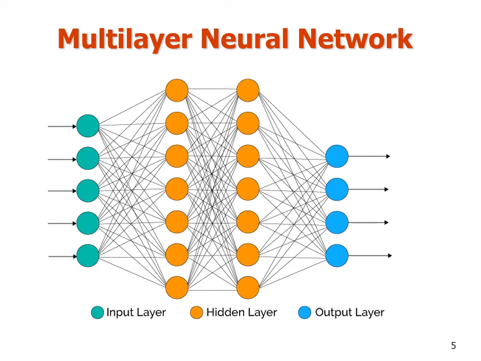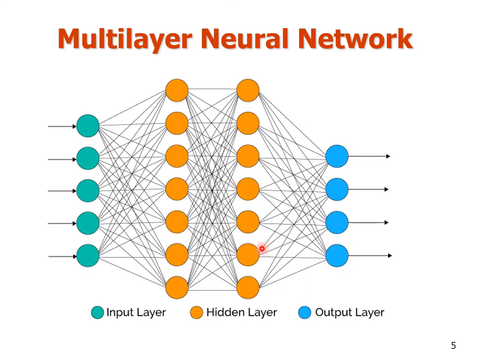Let us see one more architecture of a multi-layer neural network wherein we are having an input layer, two hidden layers and an output layer. So as I mentioned earlier, we may have more than one hidden layer, and all these layers are interconnected so as to get the output.